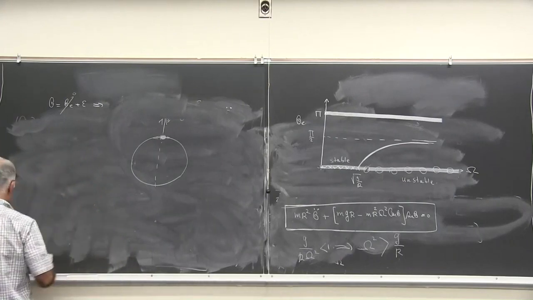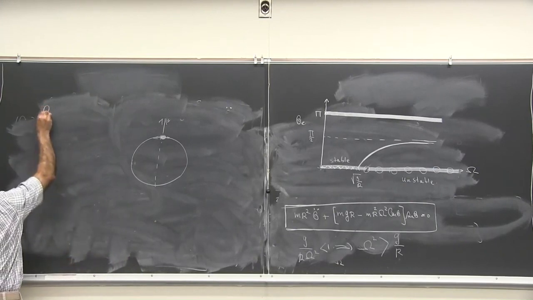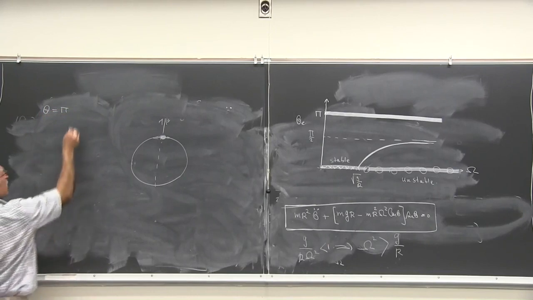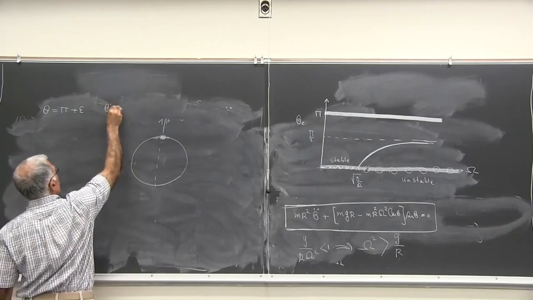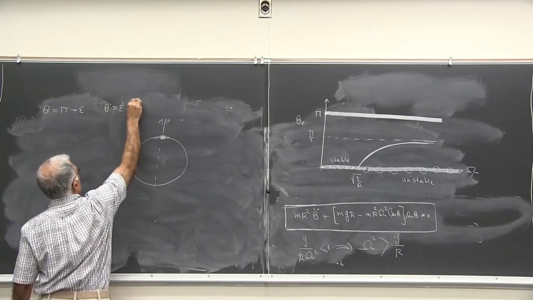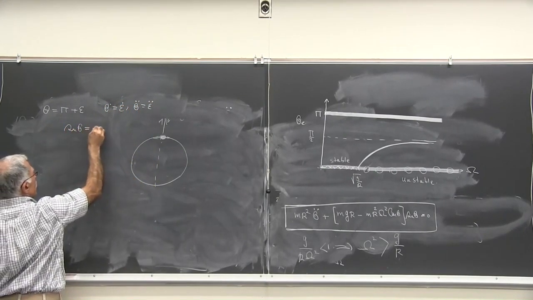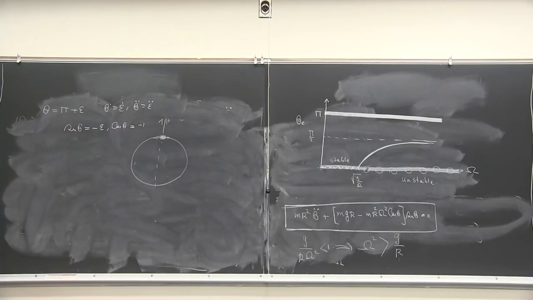So another equilibrium position was theta equal to pi, and now you make a small disturbance, theta equals epsilon. So your theta dot becomes epsilon dot, your theta double dot becomes epsilon double dot, sine theta becomes minus epsilon, and cosine theta becomes minus 1.